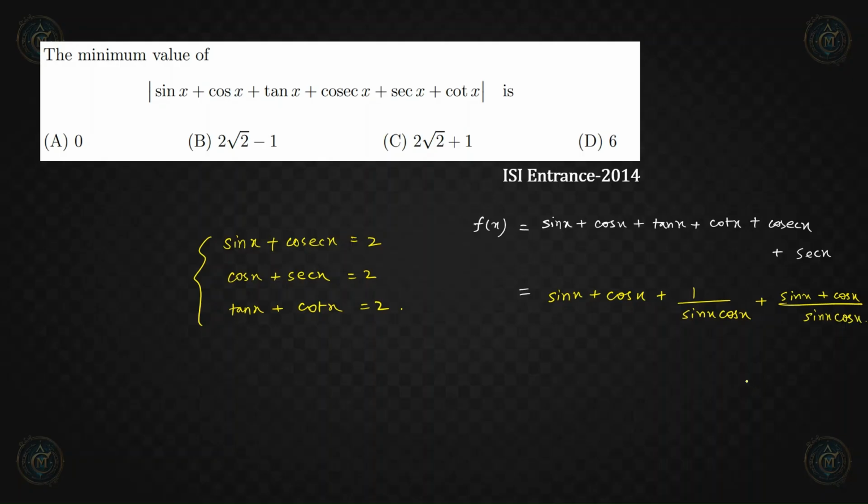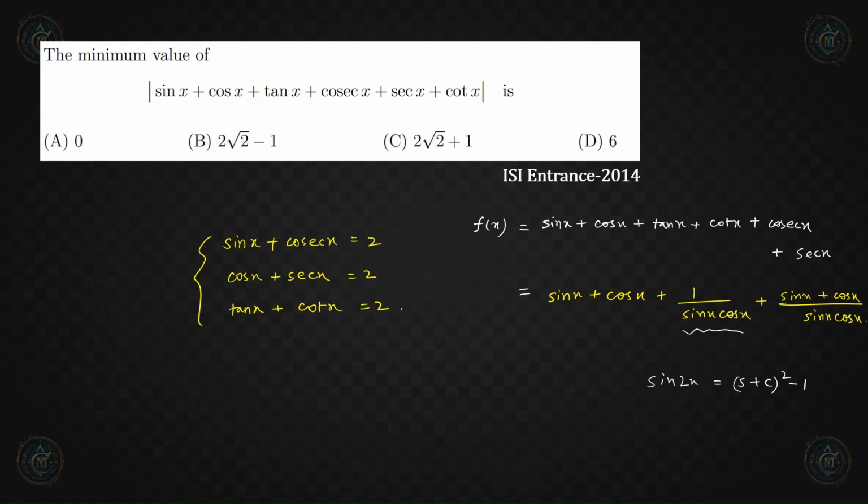Now see a very interesting thing, that this quantity sin x cos x we can represent in terms of sin x plus cos x. Why? Because if we take this popular identity, sin 2x equal to (sin x plus cos x) whole square minus 1, this is a standard identity.